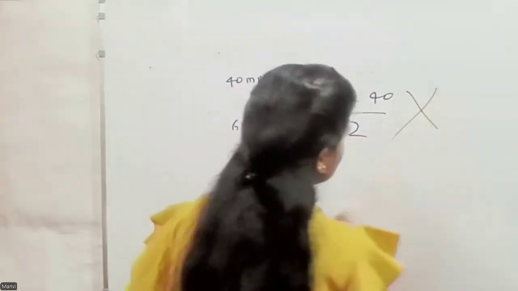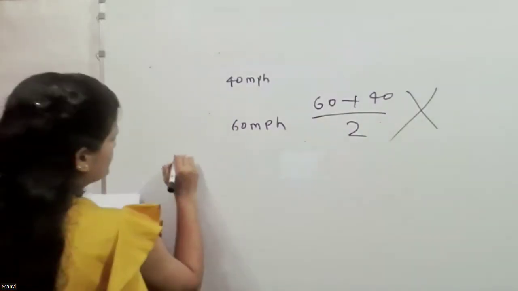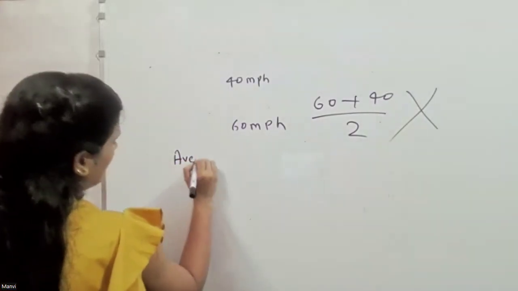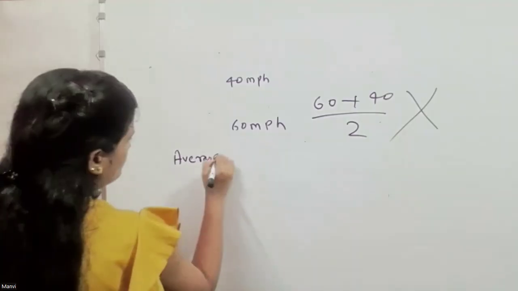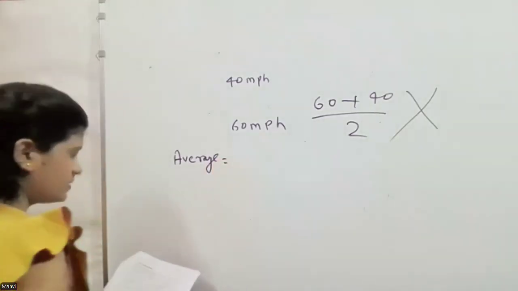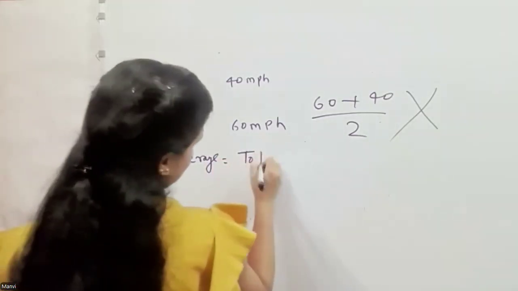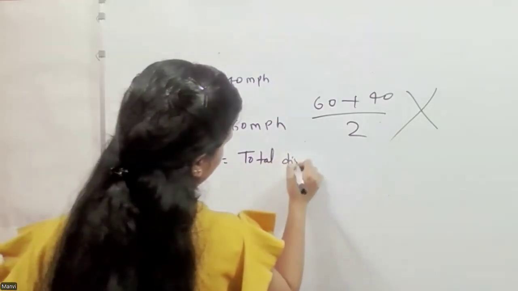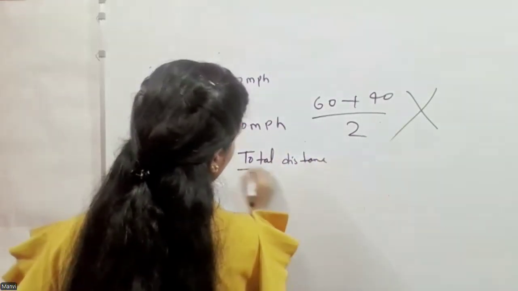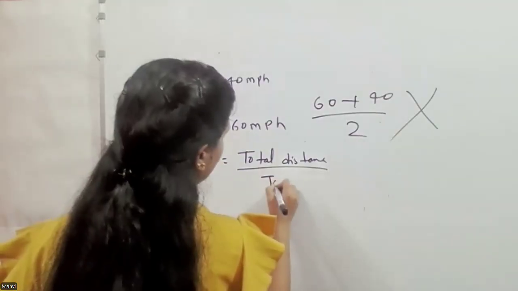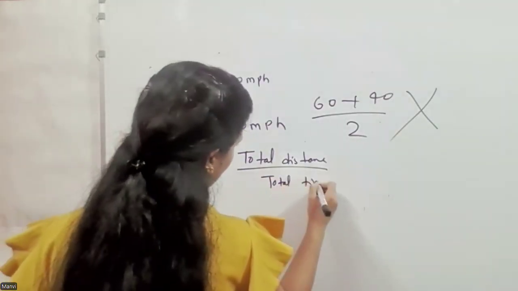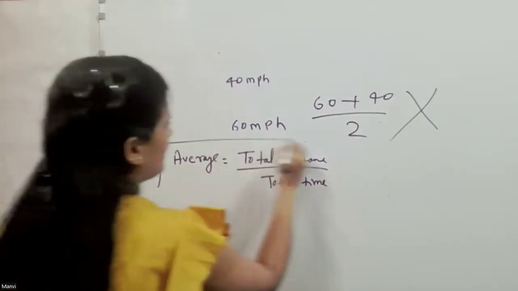That is not the average speed. For calculating average speed, we need to calculate the total distance and then divide it by the total time taken. This is the formula of average speed.